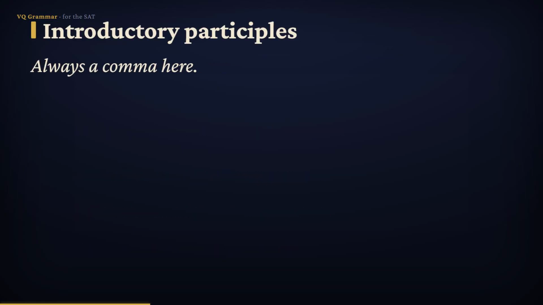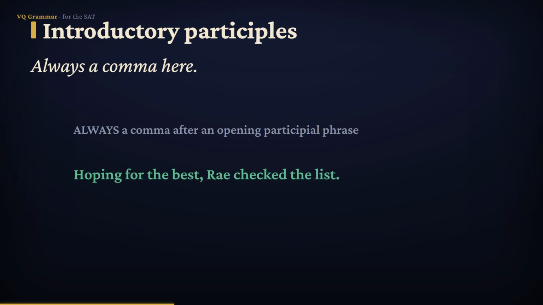Now the easy, reliable rule. Always use a comma after an introductory participle or participial phrase, those verb forms ending in ing or ed that act as describers. Hoping for the best, Ray Allen checked the list.